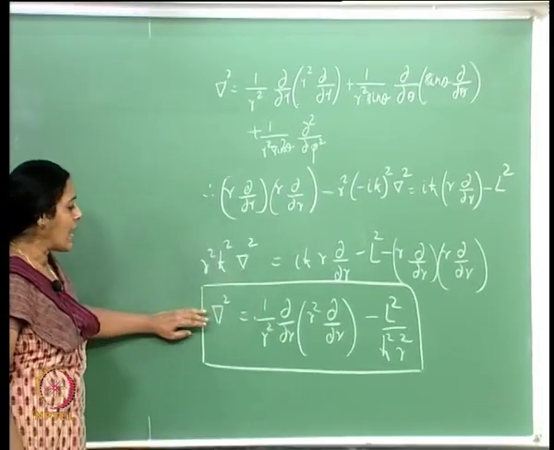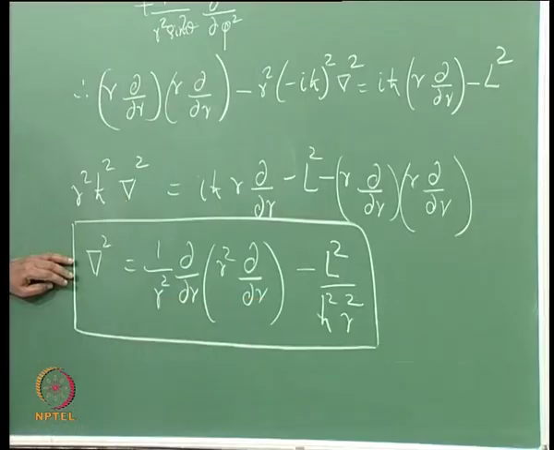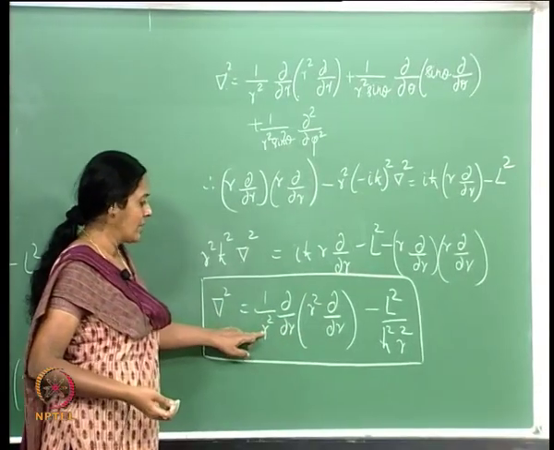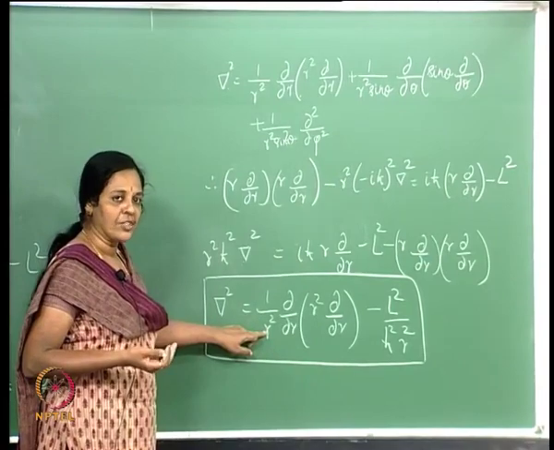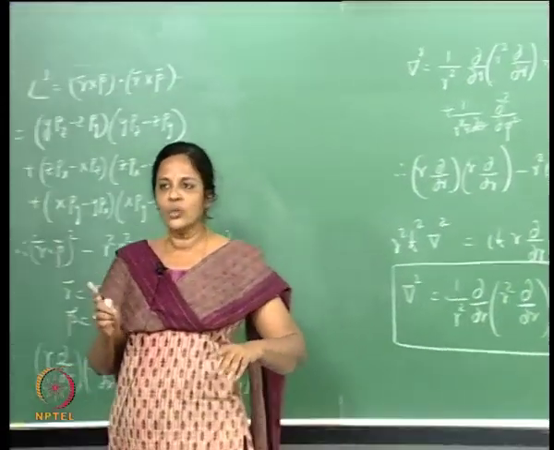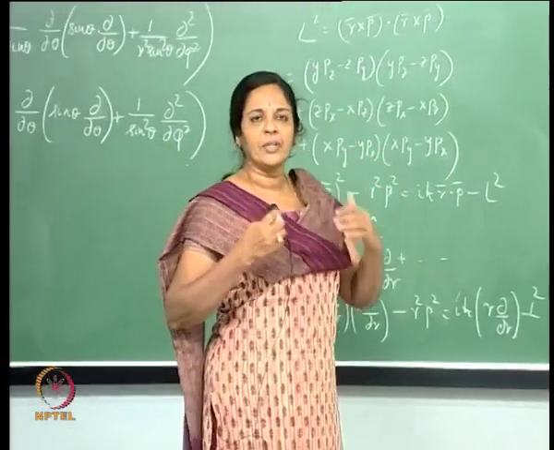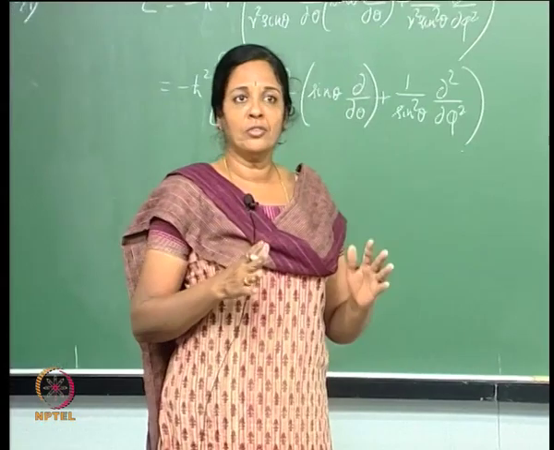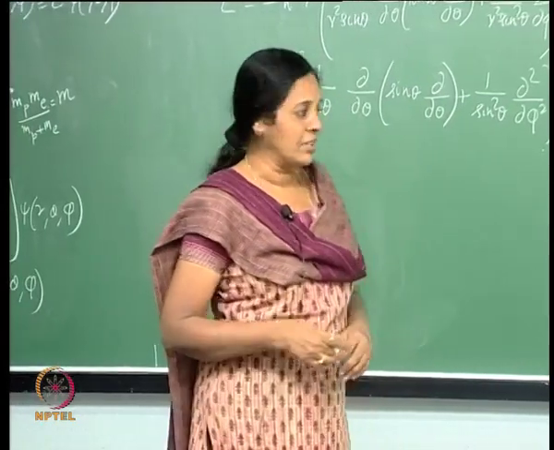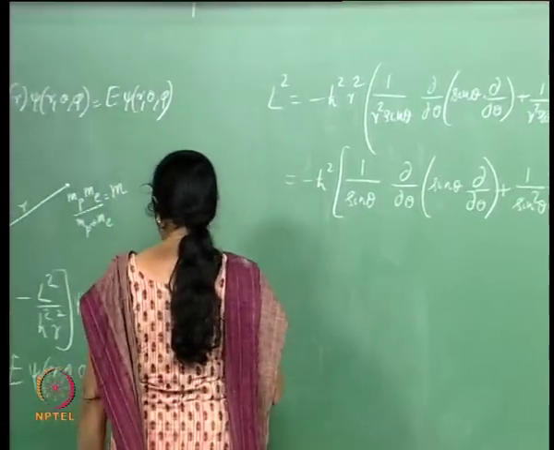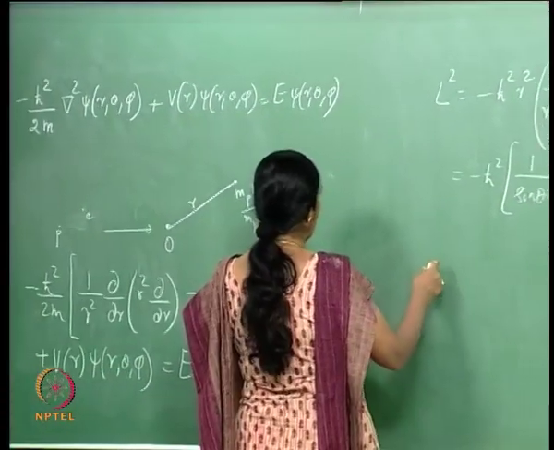So when del squared acts on a wave function, which is a function of r theta and phi, this part of del squared acts on the radial wave function and this on the angular part of the wave function. In other words, I can try a separation of variables and write the total wave function as R of r some chi of theta phi. Now if I did that, I have the following equation.